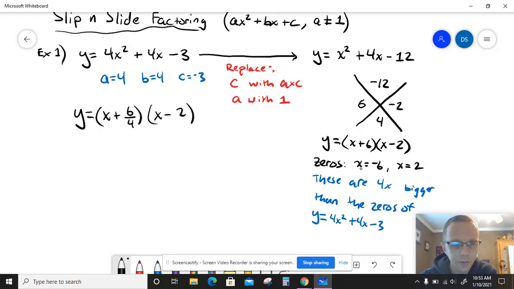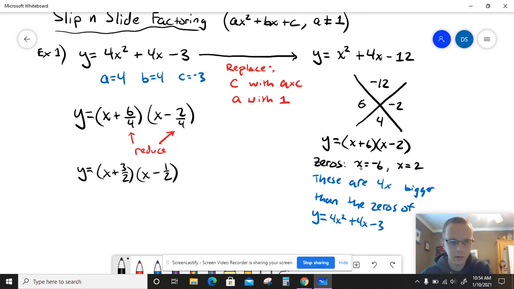So let me divide this by 4, divide this by 4. Now here's the thing, these two fractions we can reduce because they're not in lowest terms. So I would write x plus 3/2 and x minus 1/2.